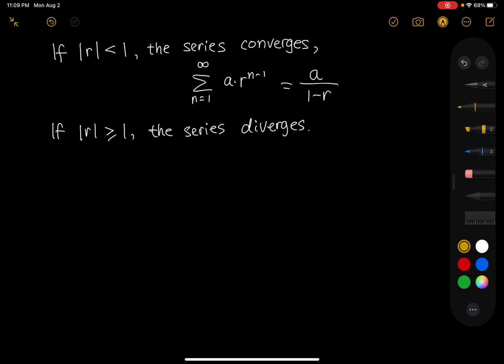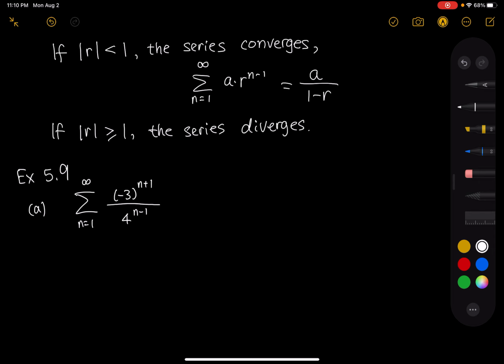Based on that discussion, we can take a look at example 5.9. In part A, we look at an example to see how we apply that discussion. We have negative 3 to the n plus 1 power divided by 4 to the n minus 1 power.